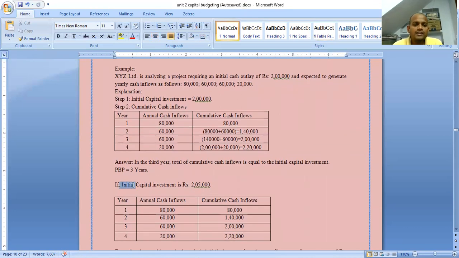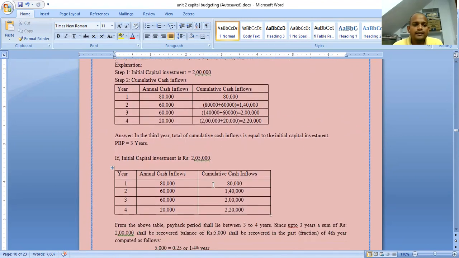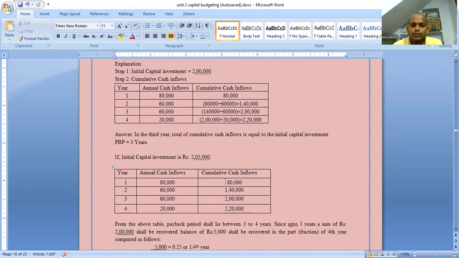If the initial capital investment is 2 lakh 5,000, how do we calculate? We have to determine the cumulative cash inflows. Our capital investment is 2 lakh 5,000.